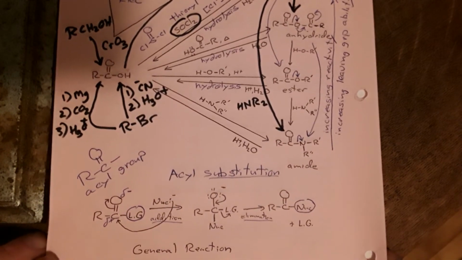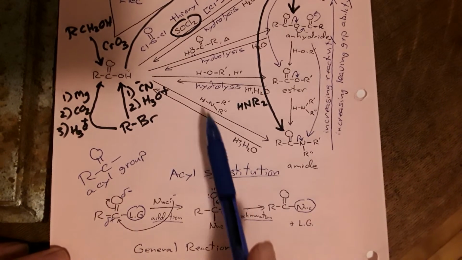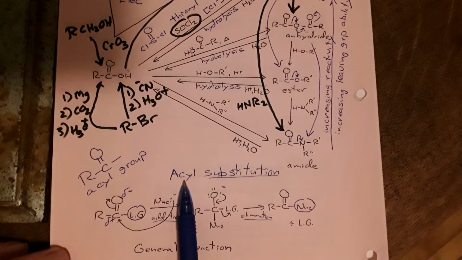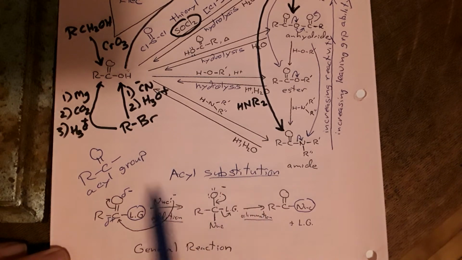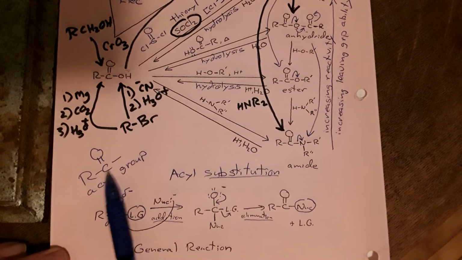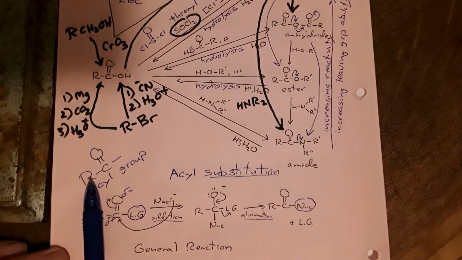Let's look at the overall mechanism, which is going to be the same for any of these conversions that you see in this whole diagram. The overall reaction of carboxylic acids and acid derivatives is an acyl substitution mechanism. An acyl group, you remember from Friedel-Crafts acylation, is a carbonyl with some sort of a hydrogen or string of carbons attached to it.